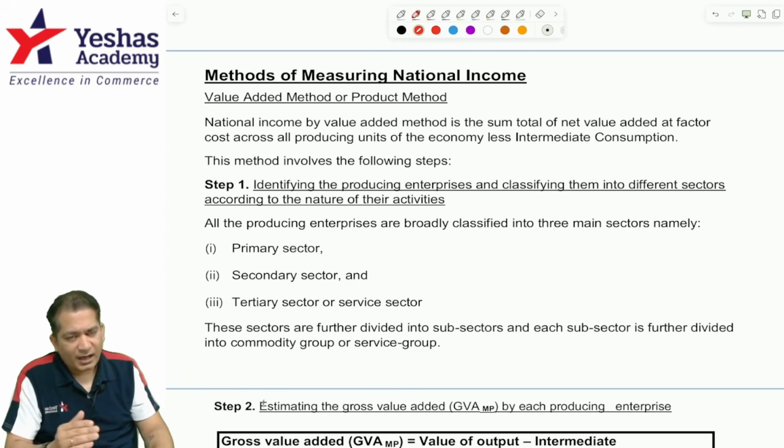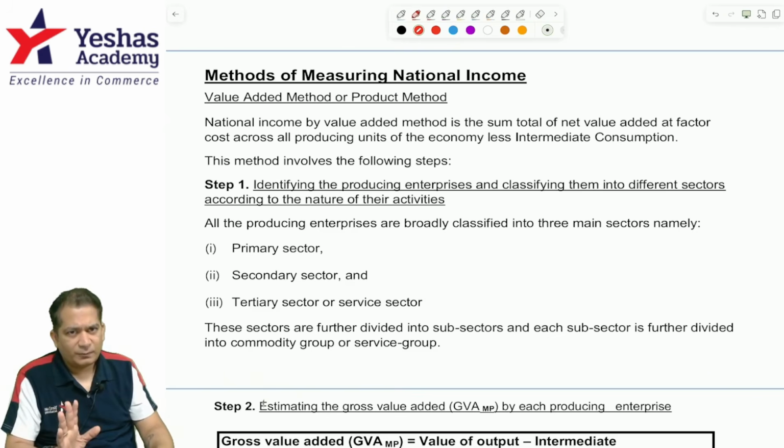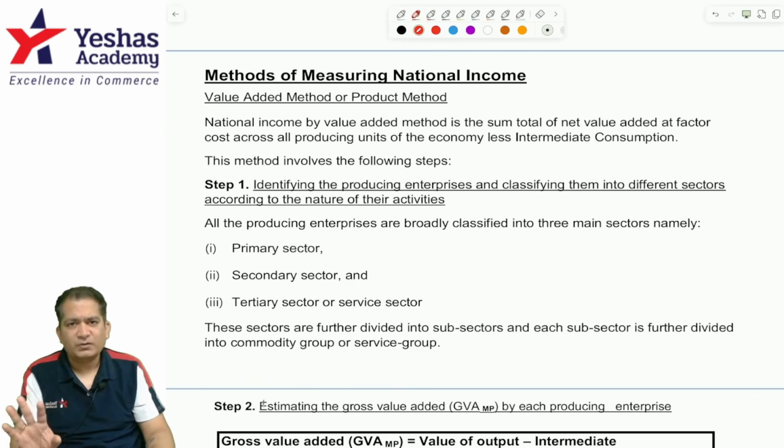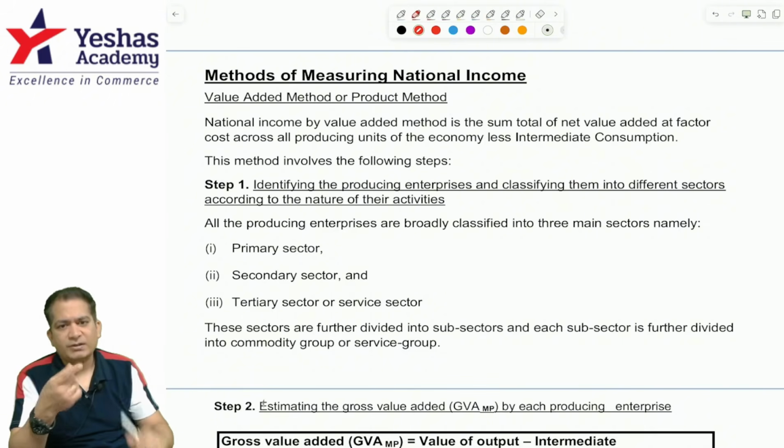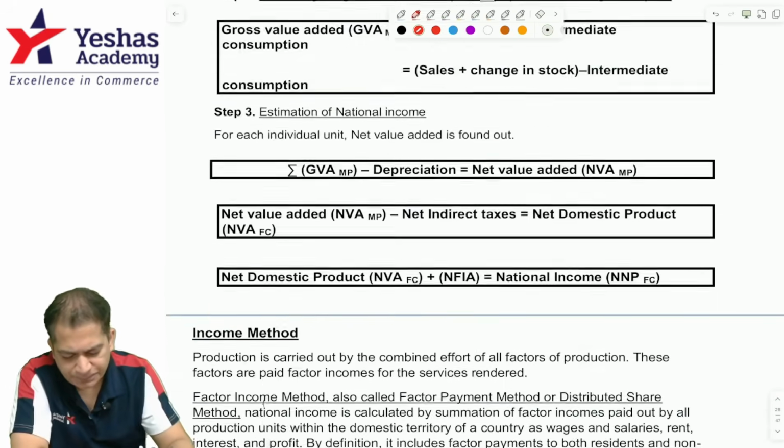And finally, we will add export and deduct import. When we do that, these four components give national income from the expenditure method. So private final consumption expenditure, plus government final consumption expenditure, plus gross domestic capital formation, plus exports minus imports.